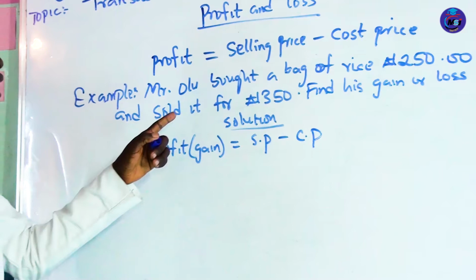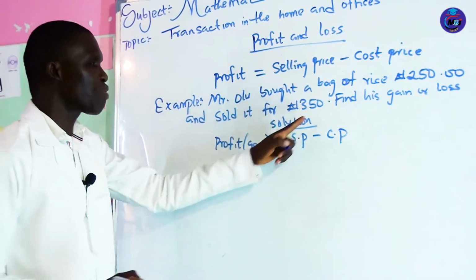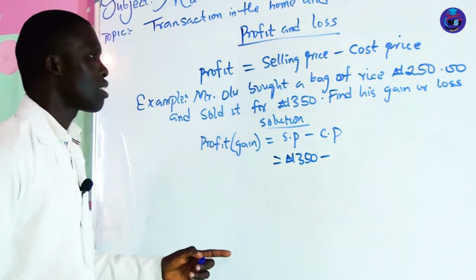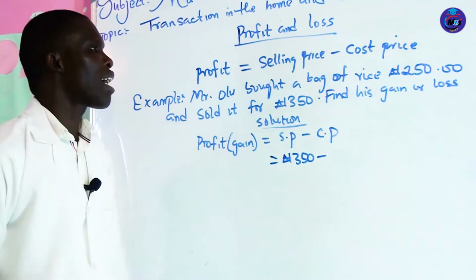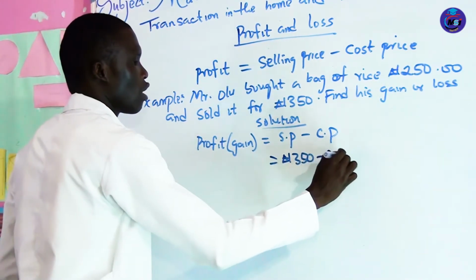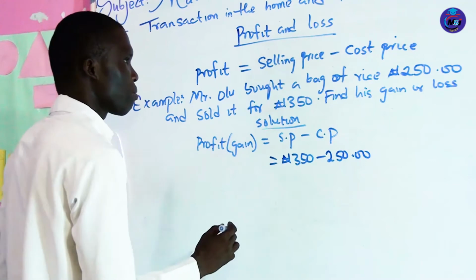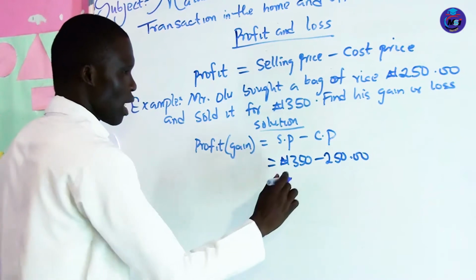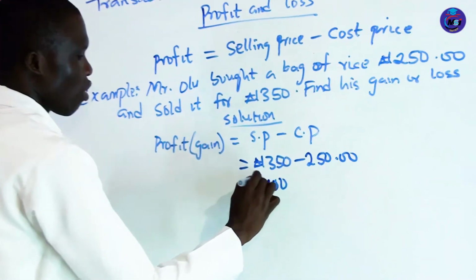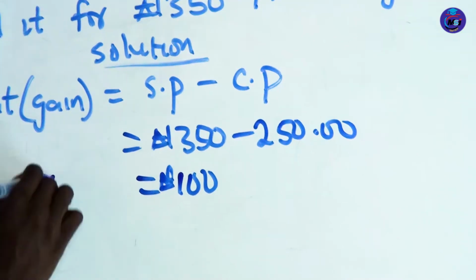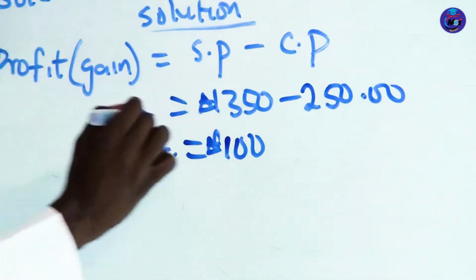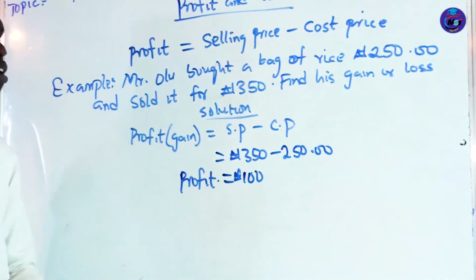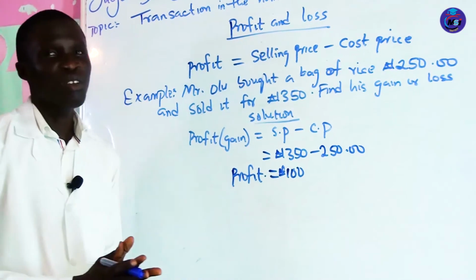From this question, our selling price is 350, and the cost price is 250. 350 minus 250, we are going to get what? 100 naira. So that means the profit on a bag of rice is what? 100 naira, and that is what we call profit.